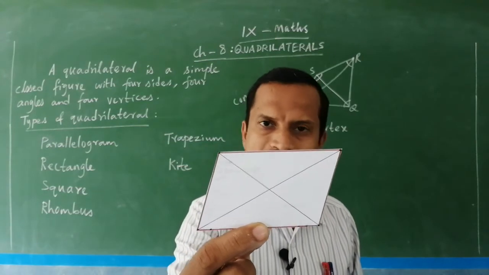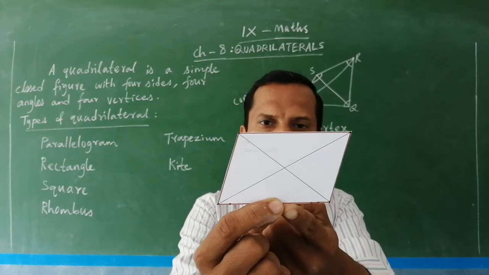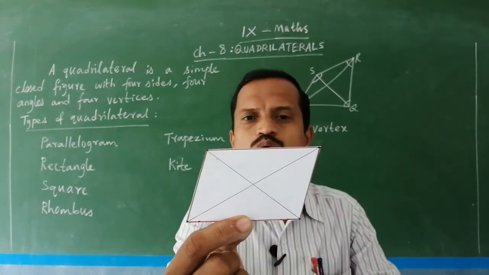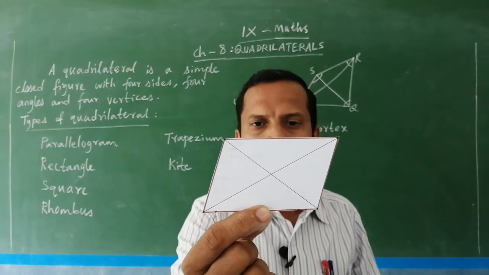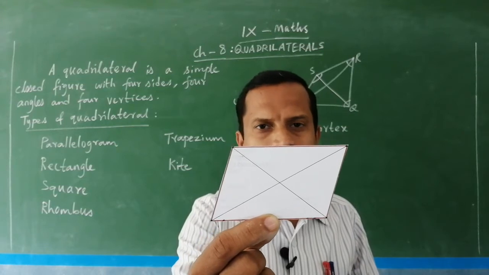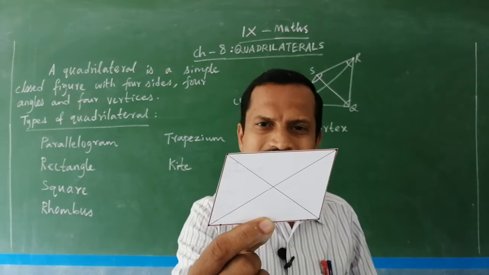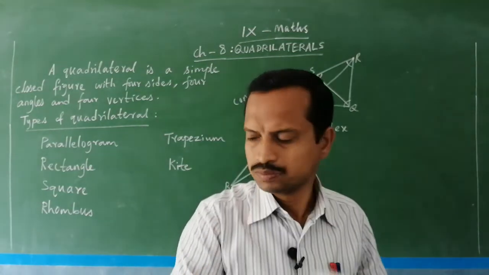So this top and bottom side are parallel and equal, and the left and right are opposite sides which are equal and parallel. So a quadrilateral in which opposite sides are parallel and equal is called a parallelogram. Clear?